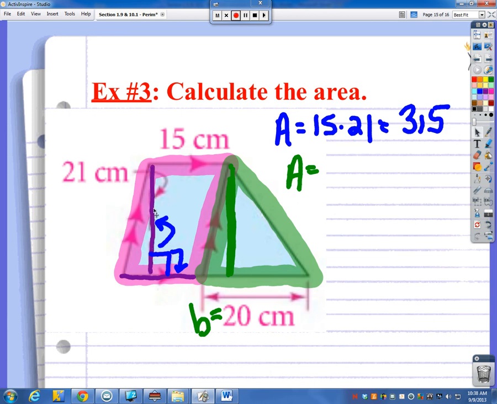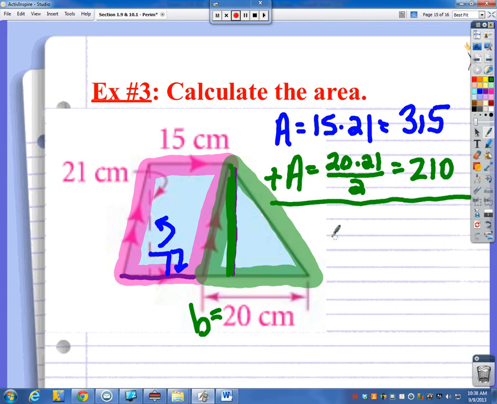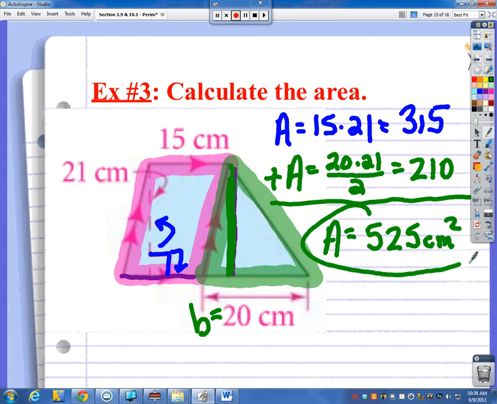You just get to use the height over here, the 21, and slide it over, and think about it as still being 21. So if we do base times height, 20 times 21 divided by 2, that'll give me 210 centimeters squared. So now add everything together, and we get a total area of 525 centimeters squared.